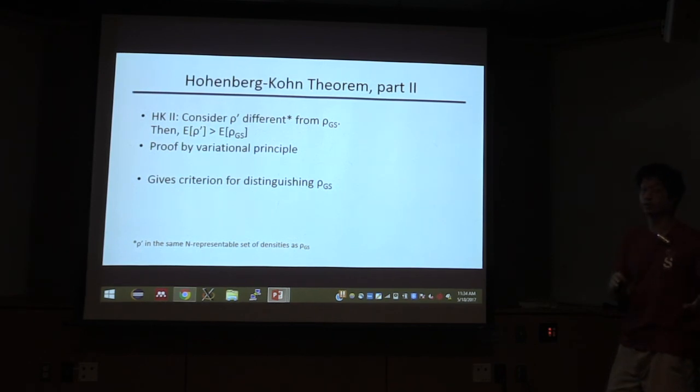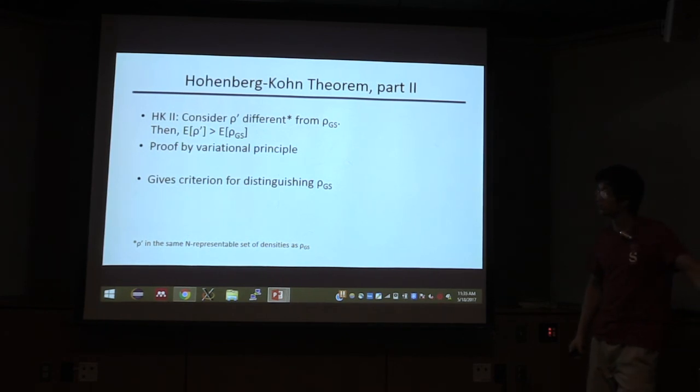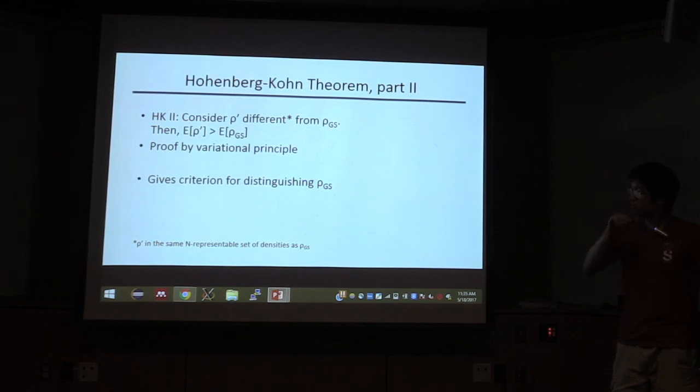It just means a different rho. Okay. Like some rho different from the ground state density. It basically just says the ground state density will have the lowest energy out of all the other rhos that you could consider. I just think of this as like giving you a criterion for distinguishing the ground state density. Was that okay? Clarification enough.